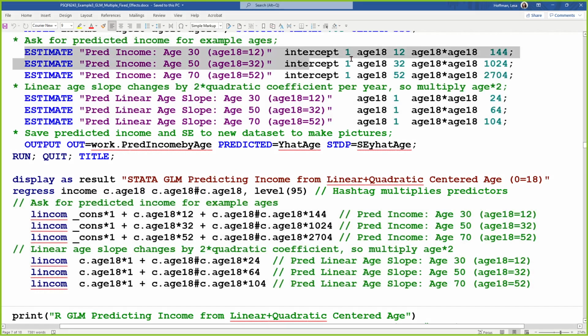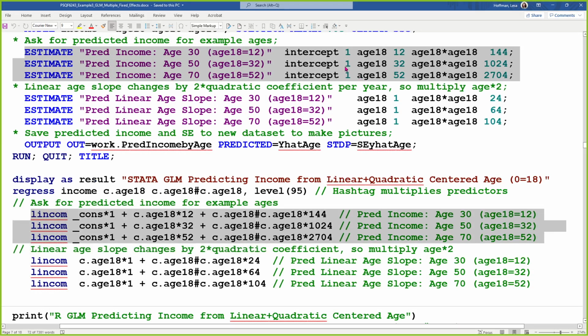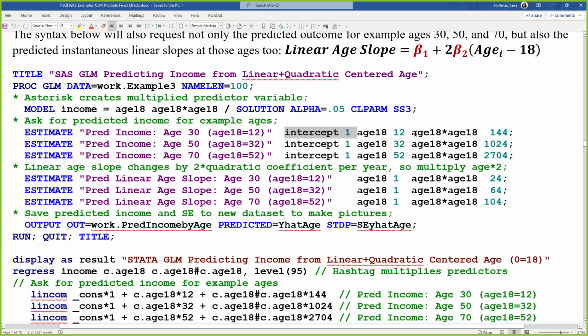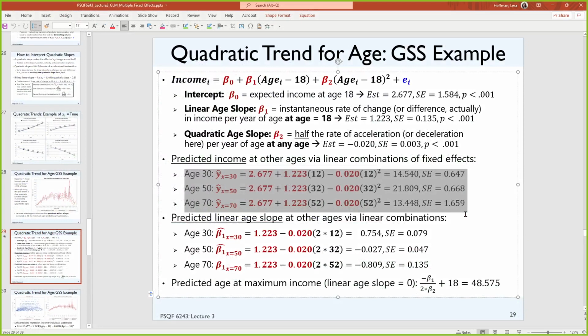So I'm demonstrating in each of the packages how to make predicted outcomes from the model. So the intercept plus whatever value of age we want times the linear slope of age plus age squared times the quadratic slope. So that's where the predictions on slide 29 came from. This is the quadratic model.